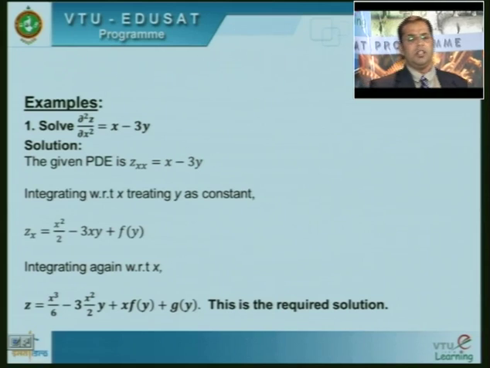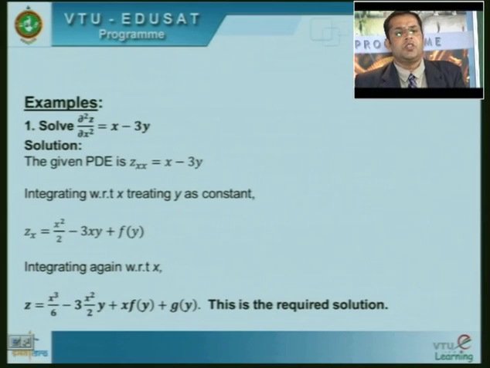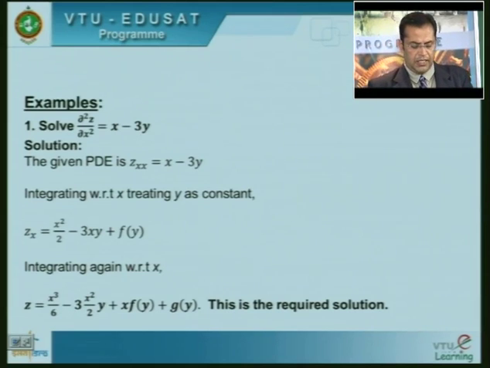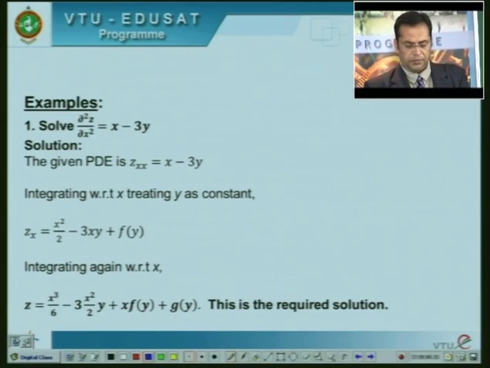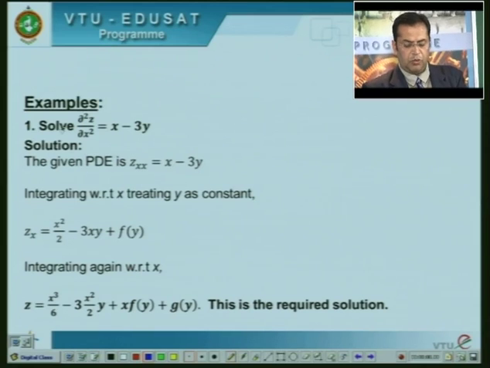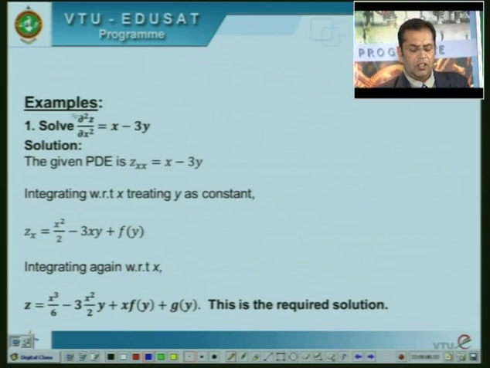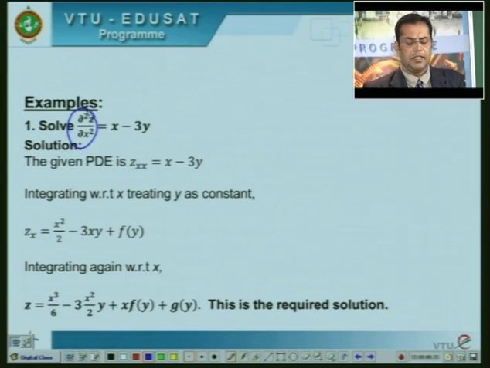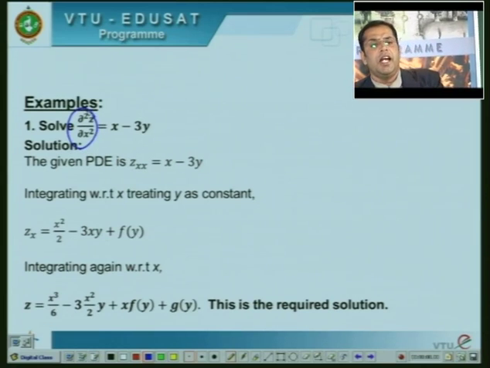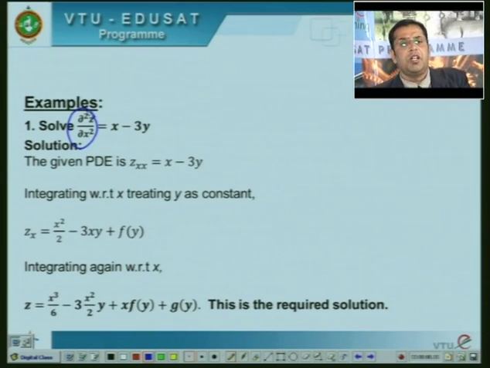The first example: solve dou square z by dou x square equal to x minus 3y. Notice that this is non-homogeneous because it not only contains the dependent variable and its partial derivatives, but also the independent variables in the equation.